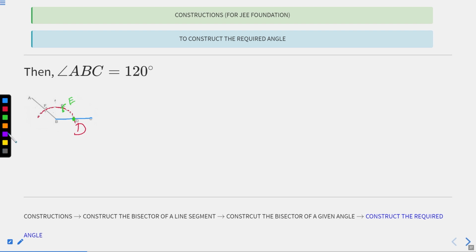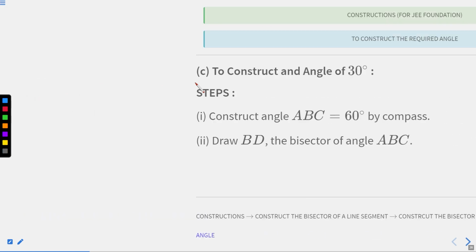Now the radius remains the same, but the center is now E. Mark the point, cut the first arc at F, and we join B and F and produce it till A, and this angle we got is our 120 degrees, or the angle ABC is 120 degrees. I hope this is clear. Now let's move to next.